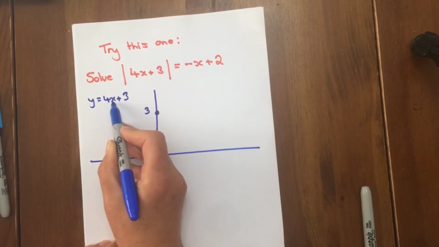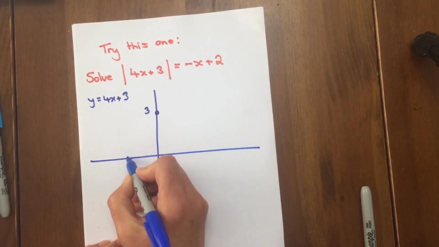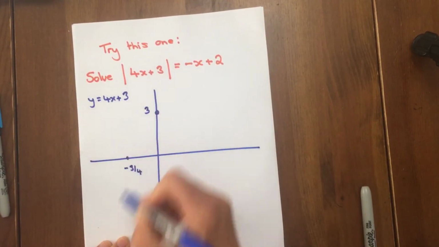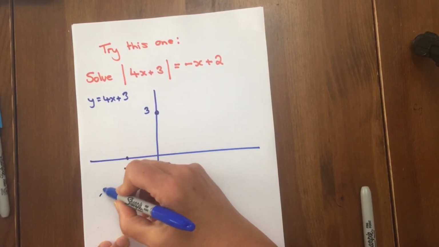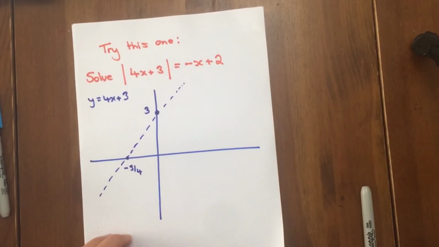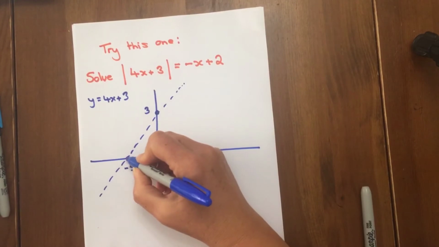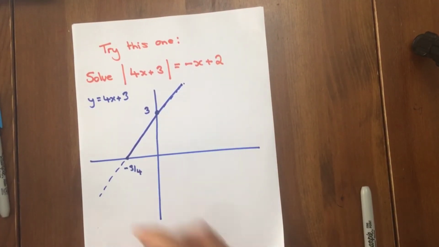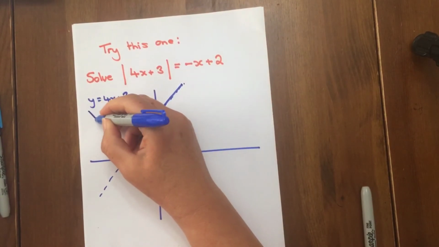When x is nothing, I'll have minus 3/4. Sorry, when y is nothing, minus 3/4. I'm going to make this dotted. Now everything above will be positive, everything below will be reflected.